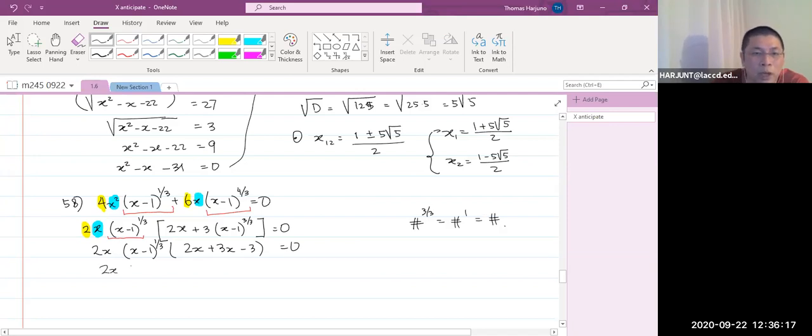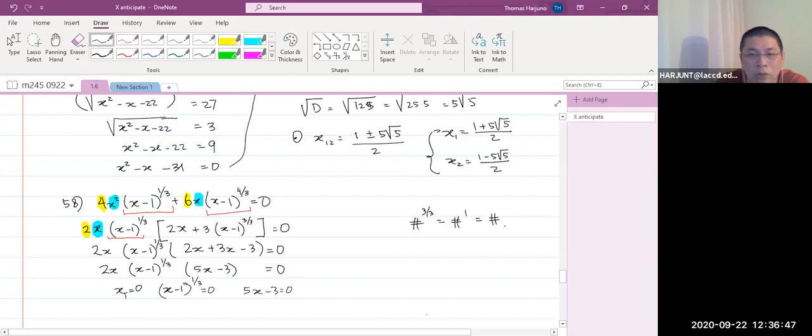So 2x, x minus 1 to the power of 1/3, 5x minus 3, that equals 0. So either x equals 0, x minus 1 to the 1/3 equals 0, or 5x minus 3 equals 0.